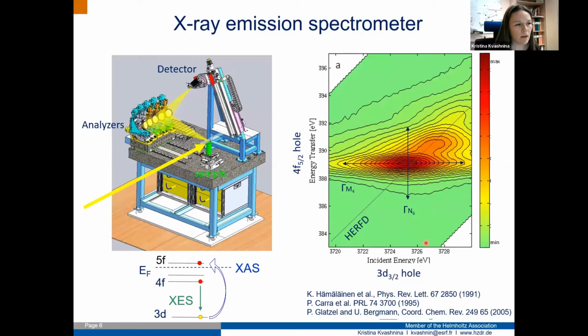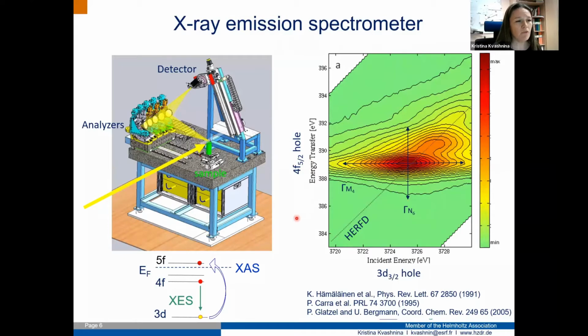So you select one emission line, and we record the excitation by changing the incident energy of the monochromator. In that case, at the M4 edge of actinides, we are no longer limited by the 3d core hole, and we reduce the core hole lifetime broadening by the final state effect.